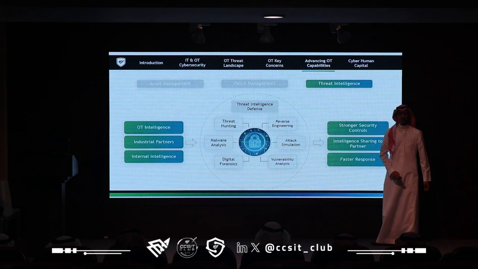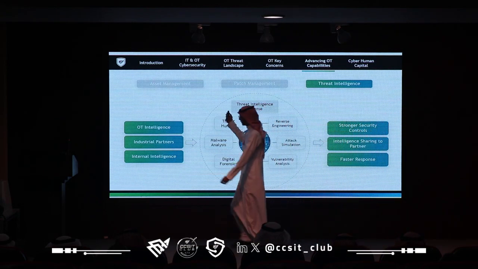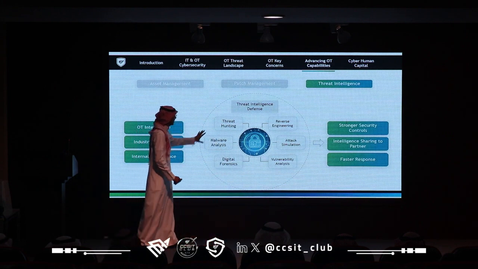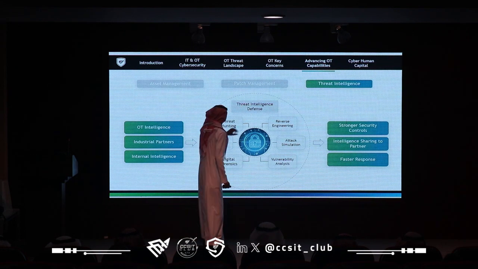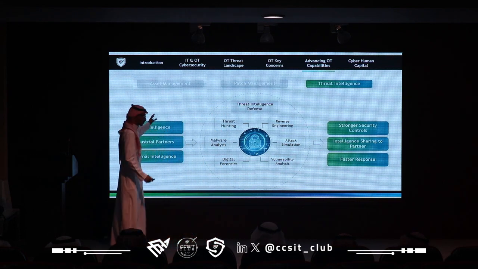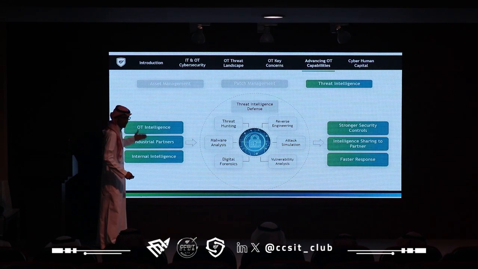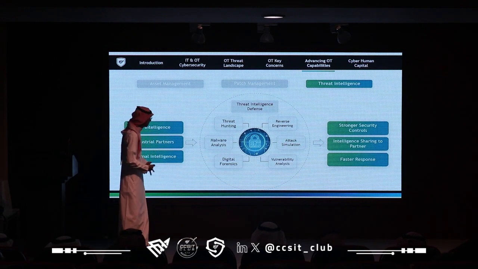Threat intelligence is a third pillar that I wanted to talk about. Think of this as a mathematical equation. In the middle, you have the function. On the left is the input. We collect intelligence from our industrial partners, as well as from the GCC countries. We have our alliances with them.